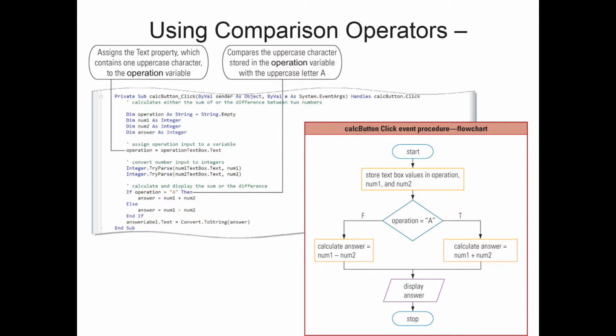There are certain ways to overcome these problems. If you can, limit the number of characters in your operation text box to one for this case. And if you want to be case insensitive, you can force whatever characters are in your text box to upper or lower case according to what you need.